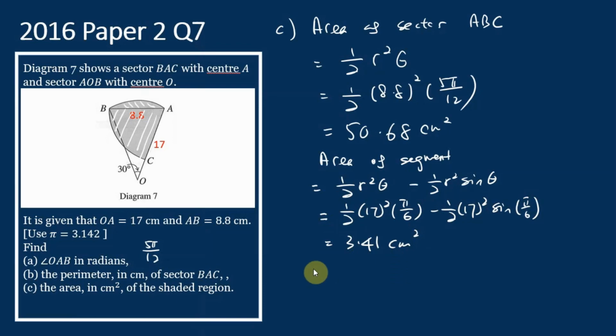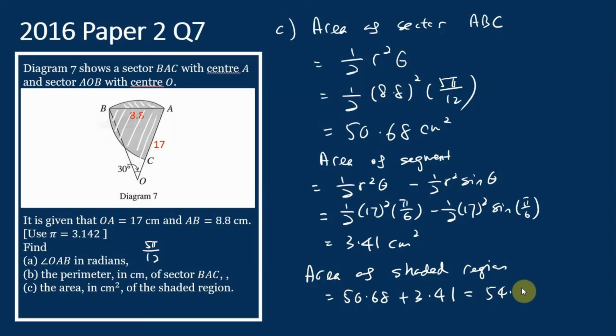Therefore the area of the shaded region is equal to 50.68 plus 3.41, which is equal to 54.09 centimeter square.